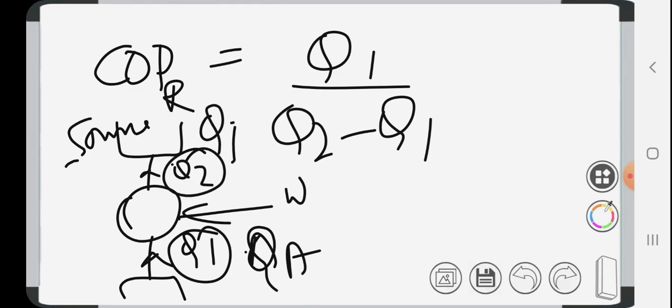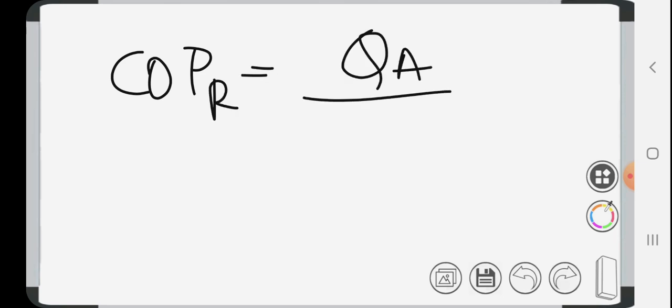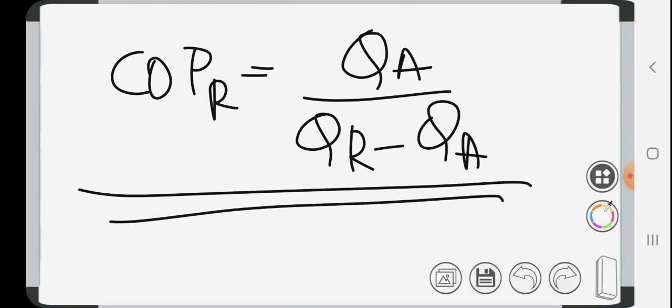Q2 is nothing but Q rejected. Therefore the COP of a refrigerator is Q absorbed by Q rejected minus Q absorbed. So this is the equation for the COP of a refrigerator.